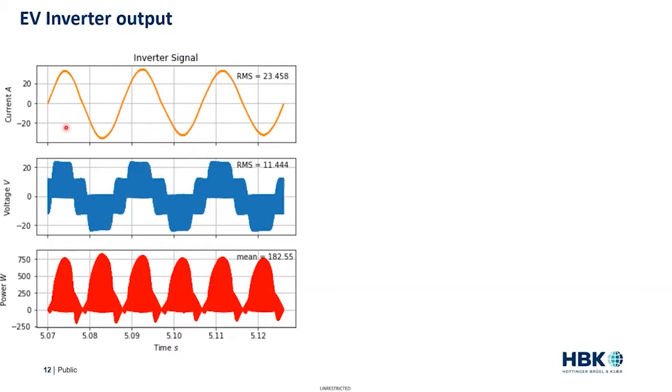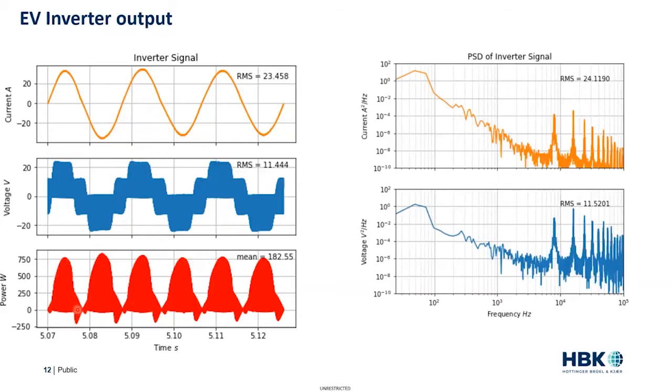Now, if we multiply voltage and current at each instance in time, we'll find the instantaneous power. And of course, if we take the average of this, that gives us the active energy. What you'll notice, the vast majority is giving us active energy, if you like, but there's some negative energy too. And that's where the reactive power comes from. Now, if we take those signals and we do a Fourier transform, we can see why that happens.